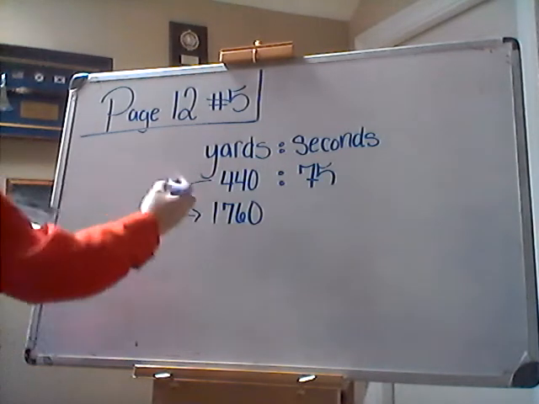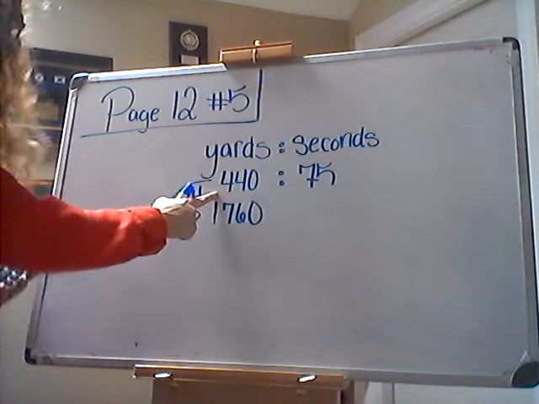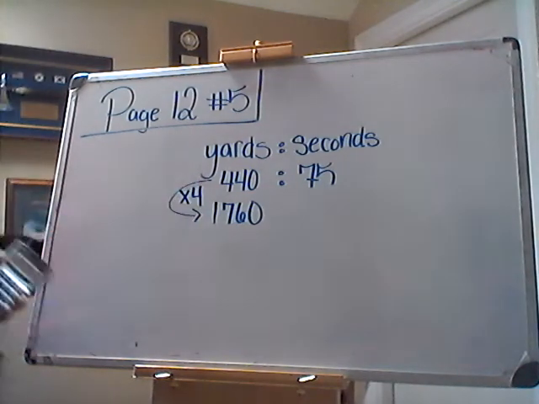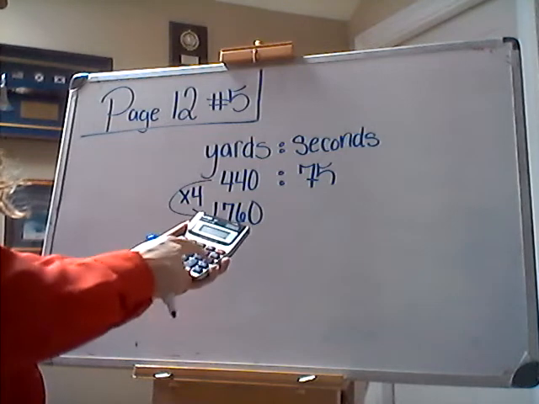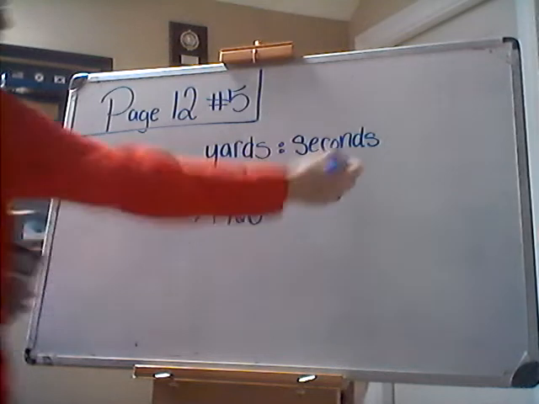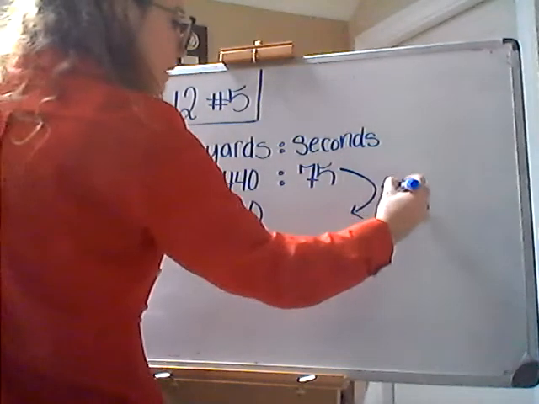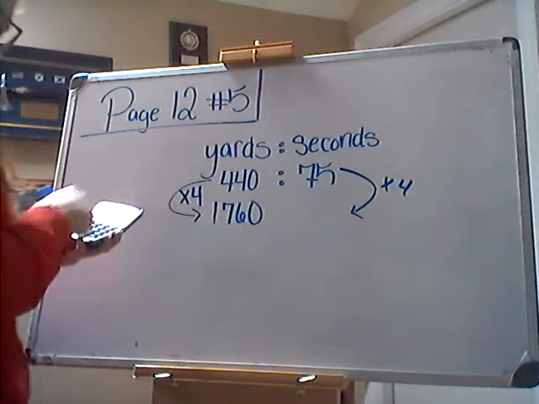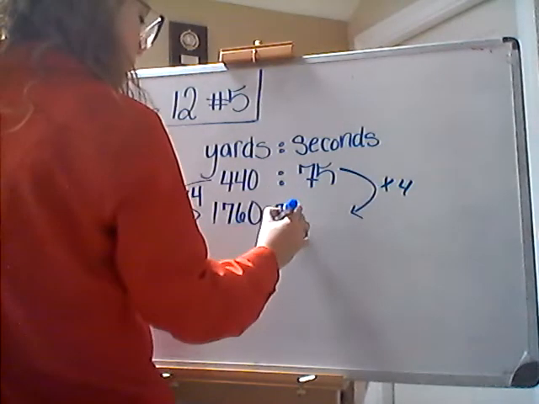It's 4. So it reasons that 440 times 4 is 1,760. I'm going to check that. 440 times 4. It works. So I can multiply this side by 4 as well. 75 times 4 is 300.